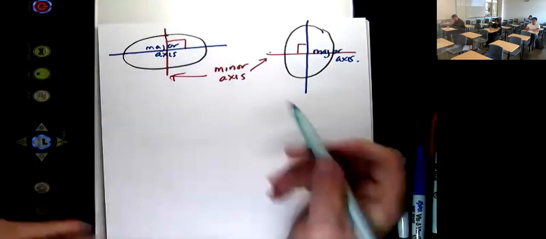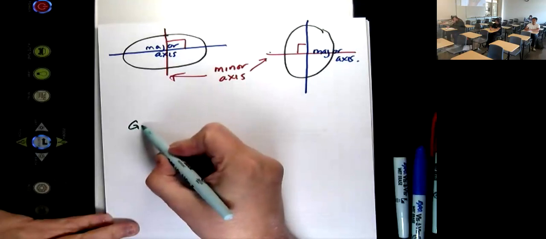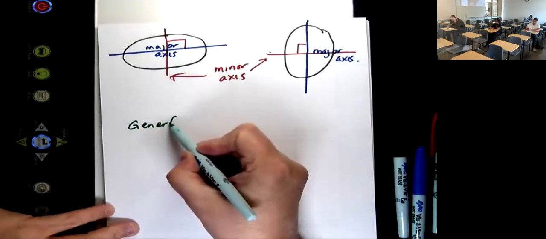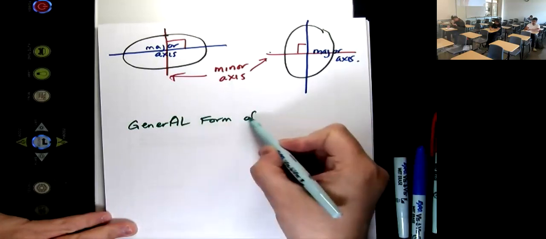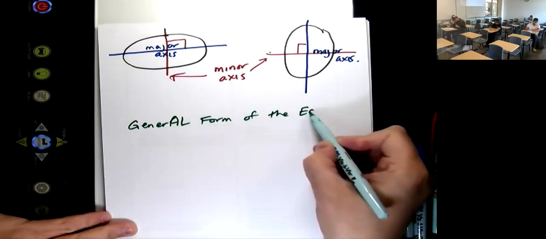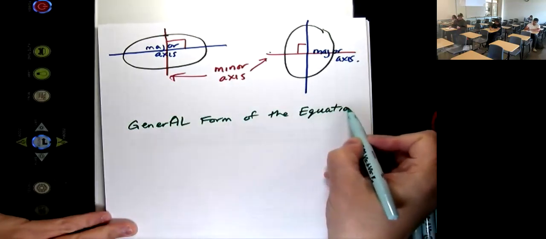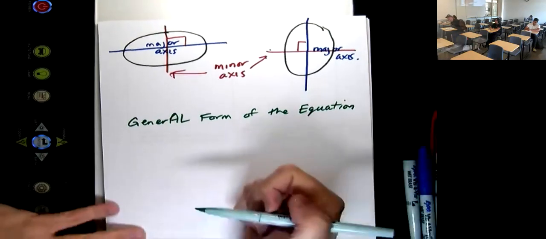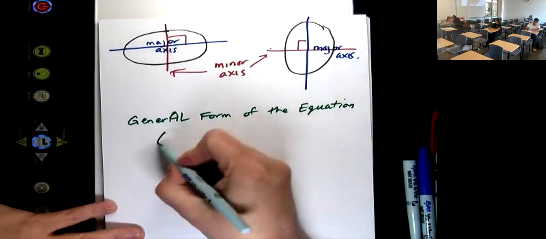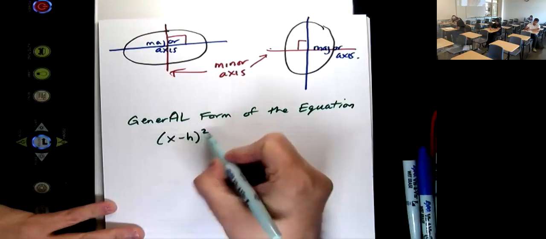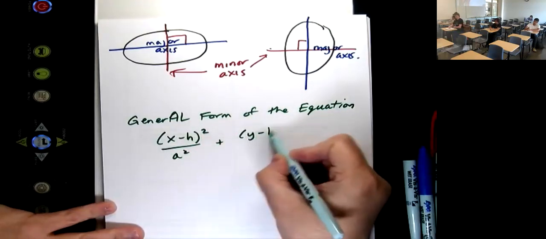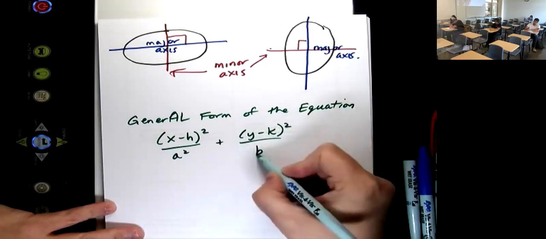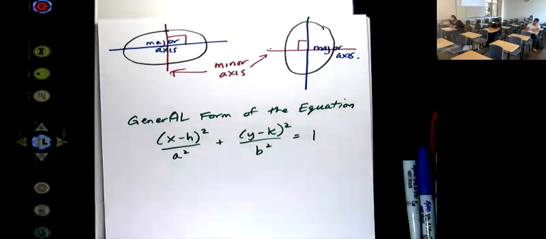The general form of the equation is (x minus h) squared over a squared plus (y minus k) squared over b squared equals 1.